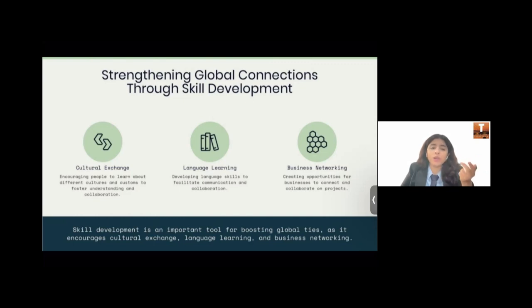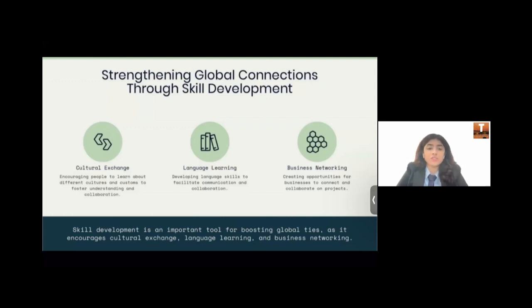So what aspects contribute in this strengthening? Number one, enhanced employability, because by acquiring skills that are in demand globally, individuals can access job opportunities across borders and contribute to international organizations or multinational corporations.